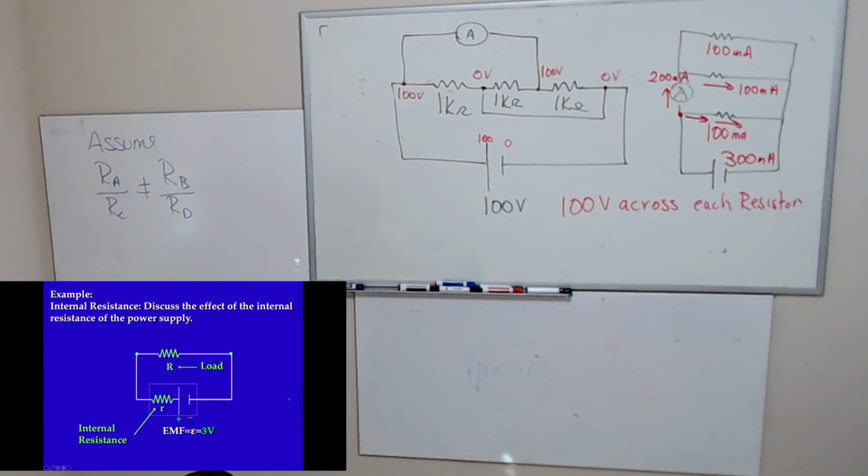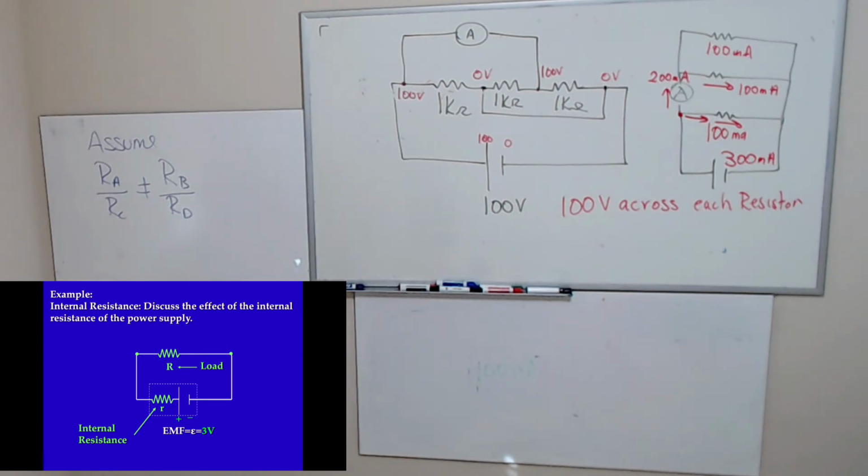A couple more things before I get to Kirchhoff's laws. I want to talk about internal resistance. Any power supply has an internal resistance associated with it. It doesn't mean there's a physical resistor there. It behaves as if there is a resistor in series with the power supply. In the case of a battery, that internal resistance is due to chemical processes.